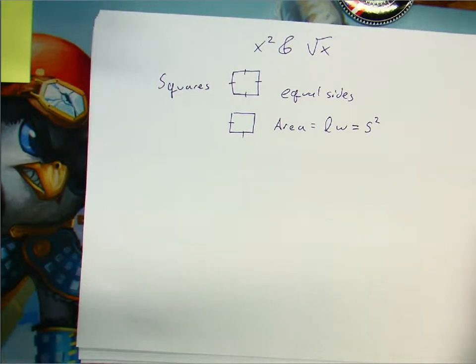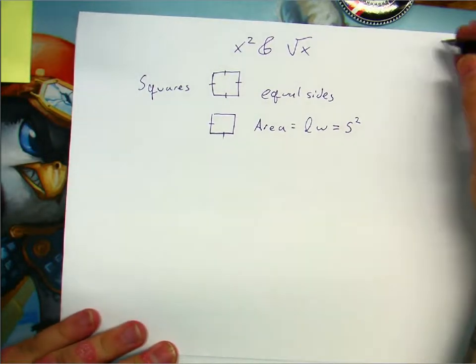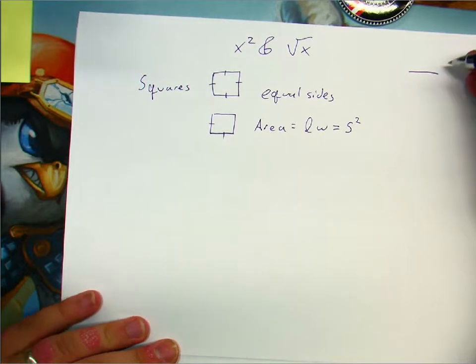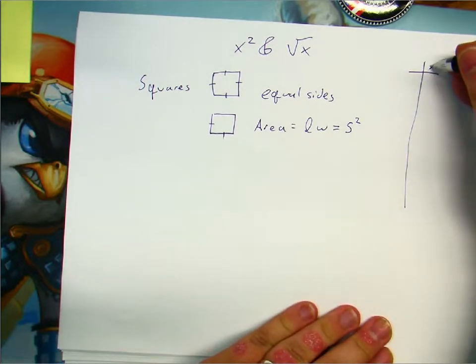Something that I want you guys to do is we need to build a little chart of what our common squares are. Okay? Our common squares.